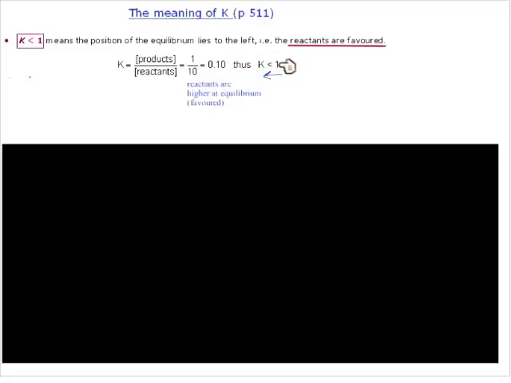Now an easy way to remember this is, if this is less than 1, look at the way that little less than sign is pointing. It's pointing in that direction. So what it's telling me is that for this particular reaction, the reactants have a higher concentration because this sign is pointing in that direction.